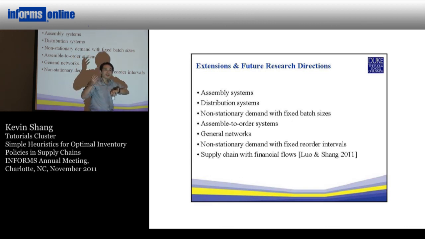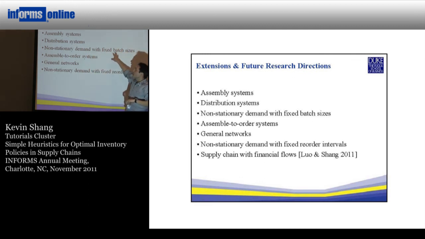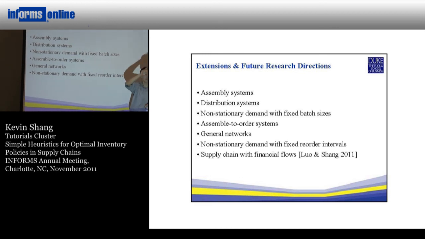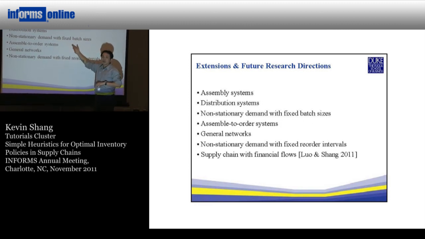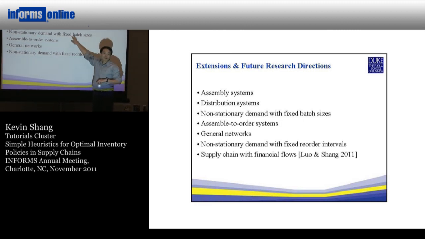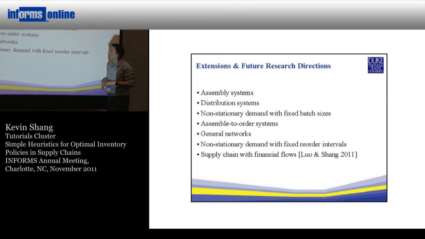So it's similar to the RQ problem, but in a finite horizon. They show that for fixed Q, the RQ policy is optimal for the non-stationary demand case. Of course, the reorder points are also non-stationary, associated with time. I looked at the paper. I didn't do that, but I know my result can be applied to that RQ as well.